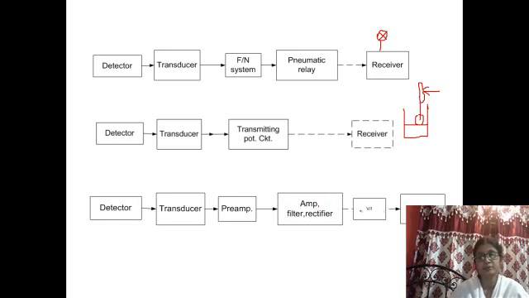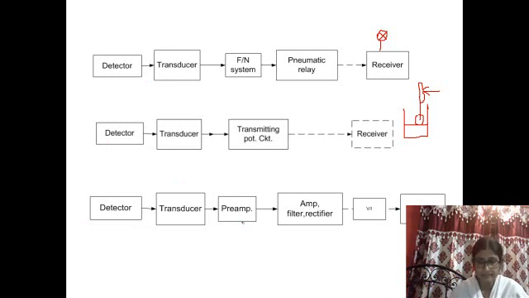So before transmission, the voltage to current conversion is required, and then it is sent to the receiver end through the transmission line. So there exists a transmission line. So this is electronic type, this is electrical type, and this is pneumatic type.